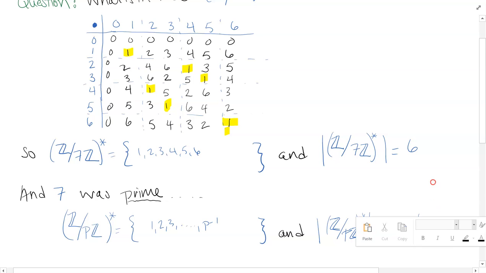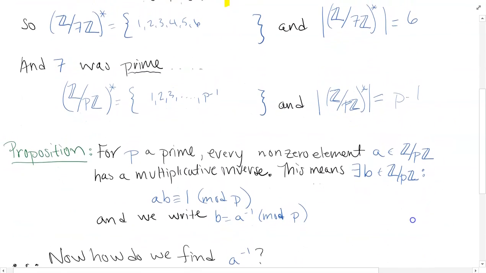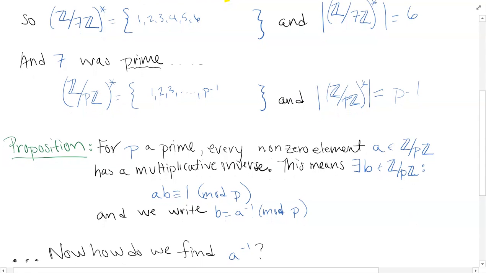Okay, next proposition: for P prime, every non-zero element has a multiplicative inverse. Well, I guess my conjecture was right. So 0 was not in this group of units, and that means the size of the group of units is P minus 1.